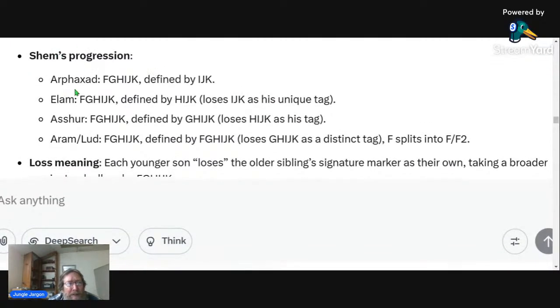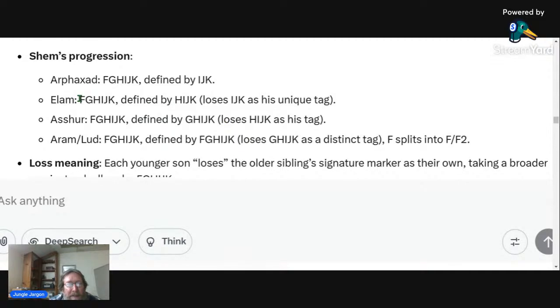Shem's progression: Arpachshad, FGHIJK, defined by IJ. Elam, FGHIJK, defined by HIJK, loses IJK as his unique tag. See, Grok is a little bit confused by all this.